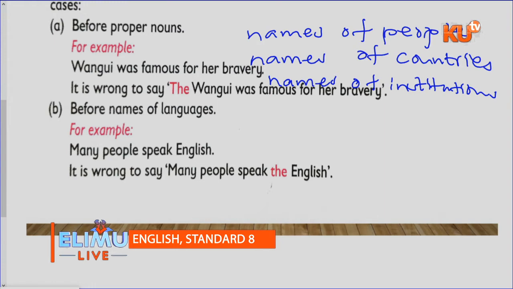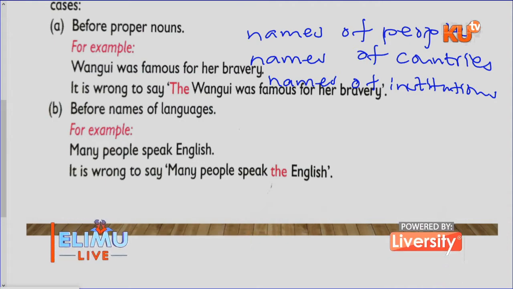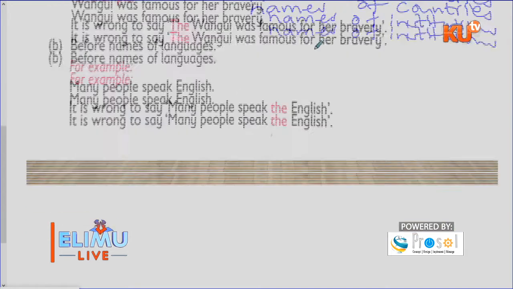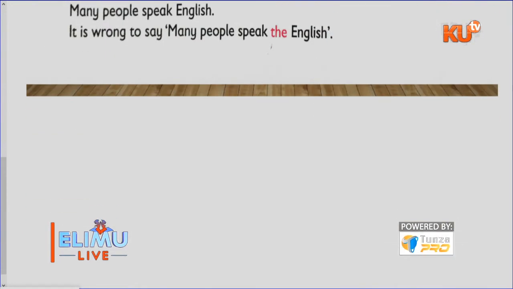You just say the name of that language without using a determiner or without using an article. So those are exceptions where you should not use the article "the."